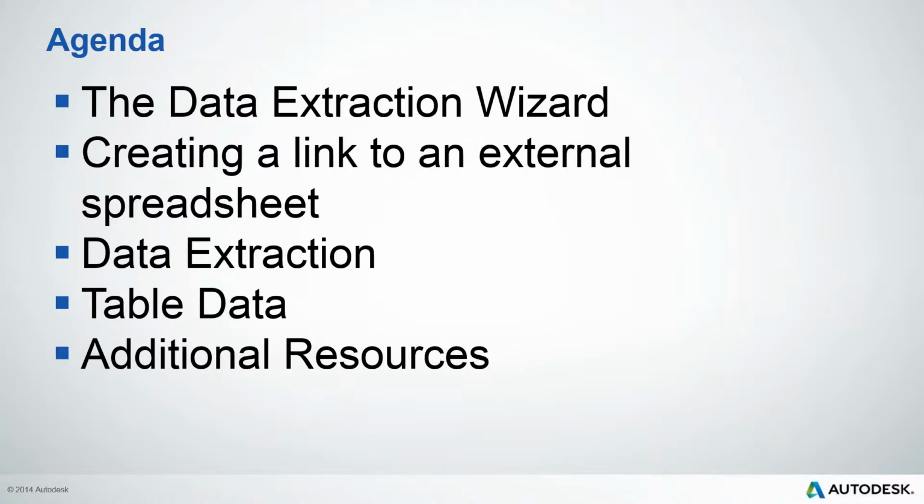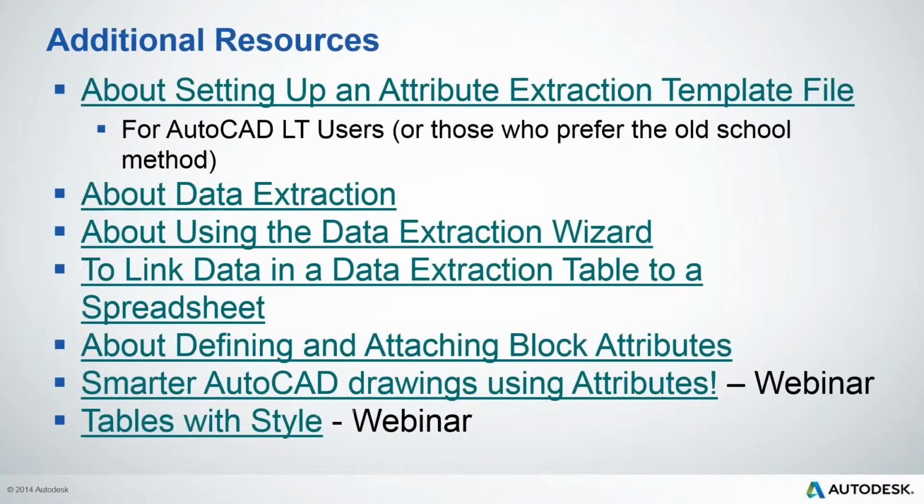And one thing I'd like to show you is that we have some additional resources here. And the reason I want to point this out is we have previously done a couple of webinars. One is Smarter AutoCAD Drawings Using Attributes at the bottom there, second from the bottom. And then Tables with Style.